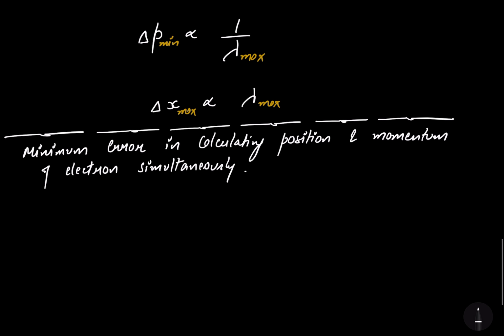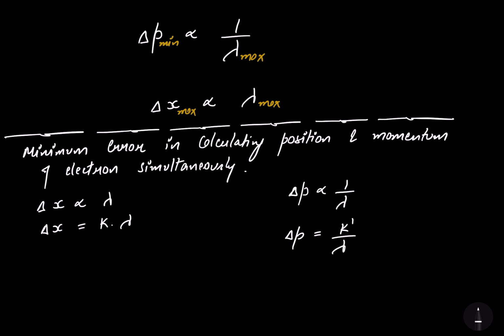Now what we have just done, delta x is directly proportional to wavelength. Now delta x is equal to k into lambda, where k is the proportionality constant. Now delta p was inversely proportional to wavelength, then delta p will be equal to k dash by lambda, where k dash is again a proportionality constant.